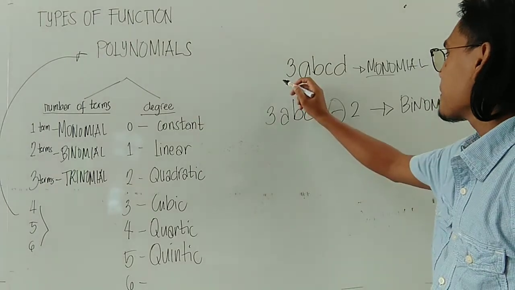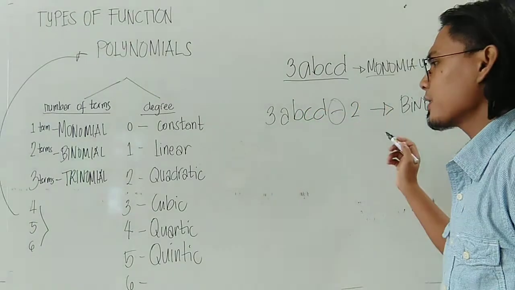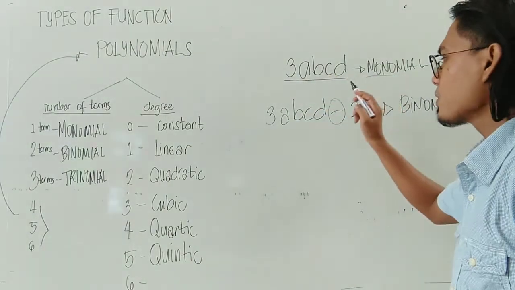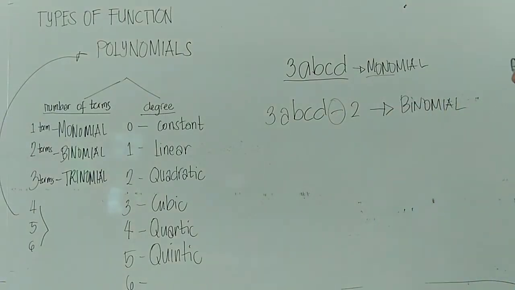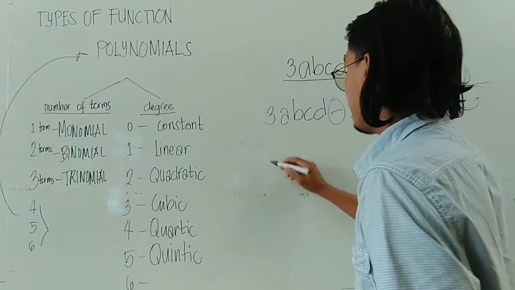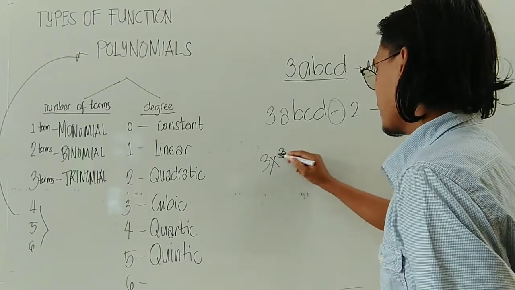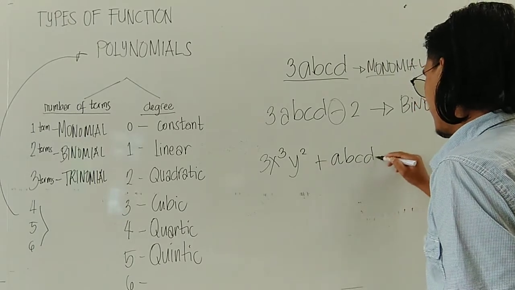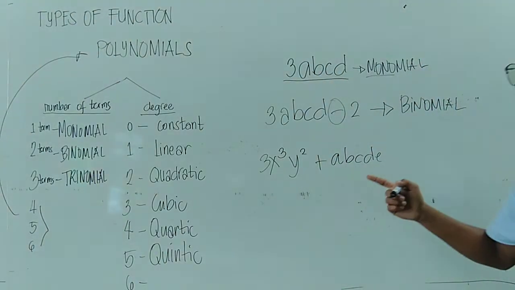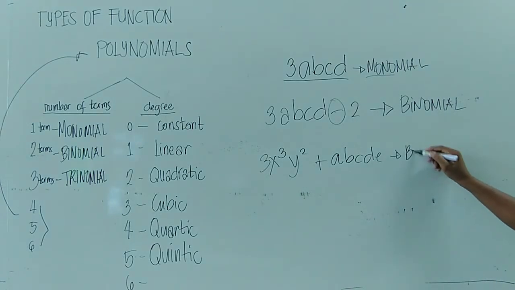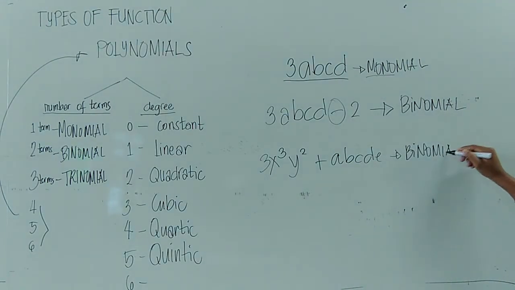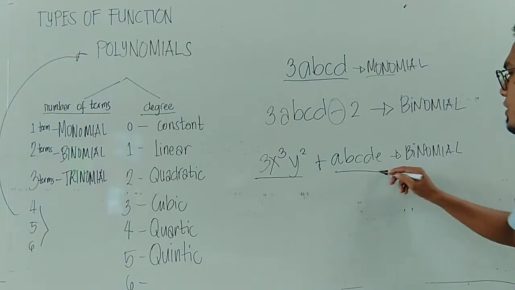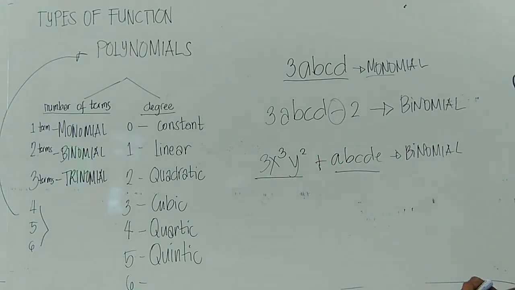Again, no matter how many variables or letters there are, even with 1, 2, 3, 4 letters, it is still one term, so it is a monomial. Another example: 3x cubed y squared plus abcde. This polynomial is called a binomial, because there is only one addition or subtraction, so there are two terms.